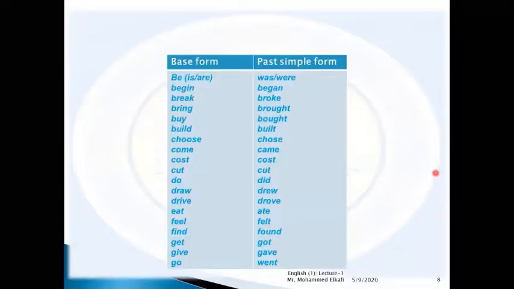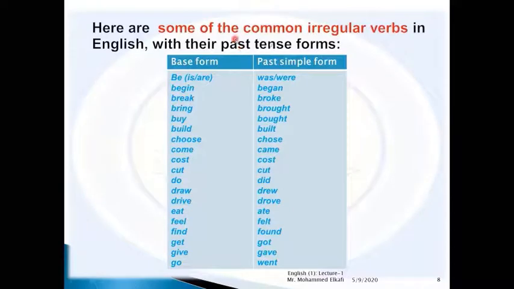So here are some of the common irregular verbs in English with their past tense forms. The first column is the base form, and the second column includes the past simple form. As we mentioned before, from is we have the past was, not is.